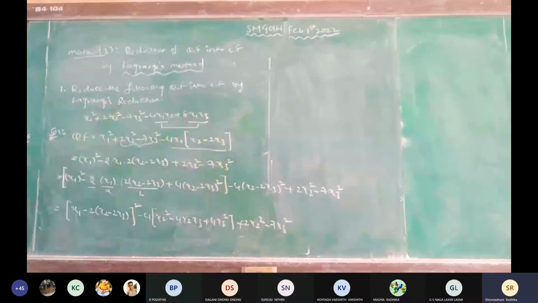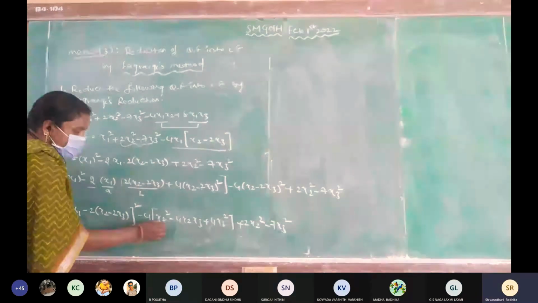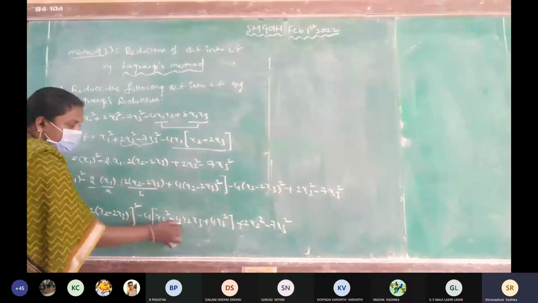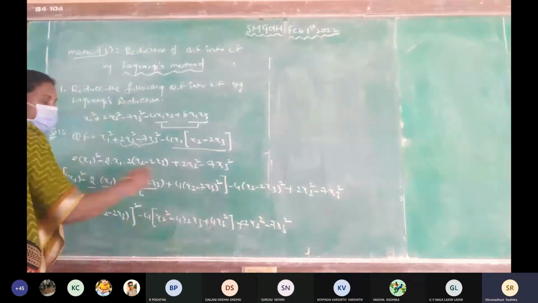Up to here any doubts, ma'am? No, ma'am. Now, this is 4x2 square. This 4 multiplies each and every term in the given brackets. First we have to multiply.